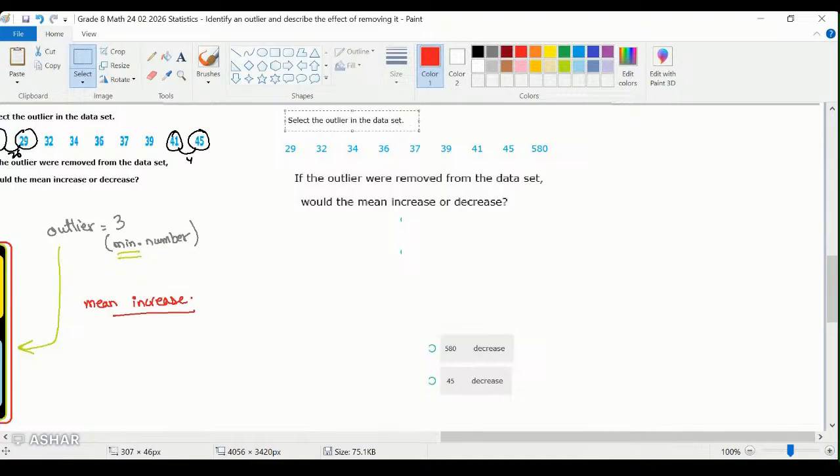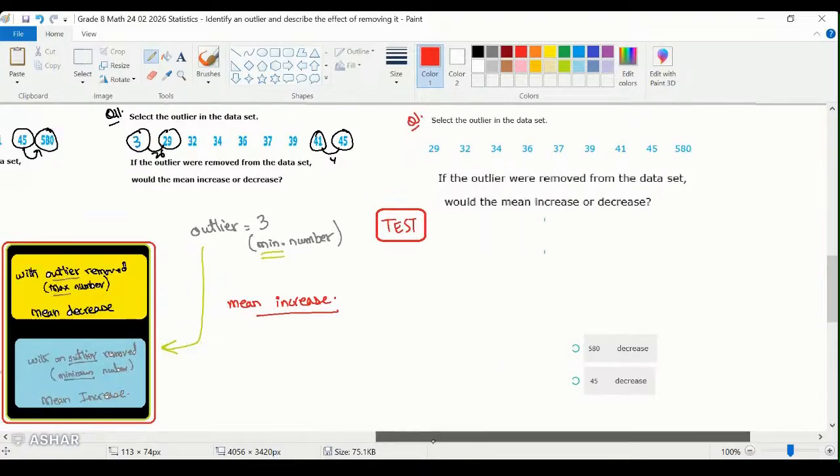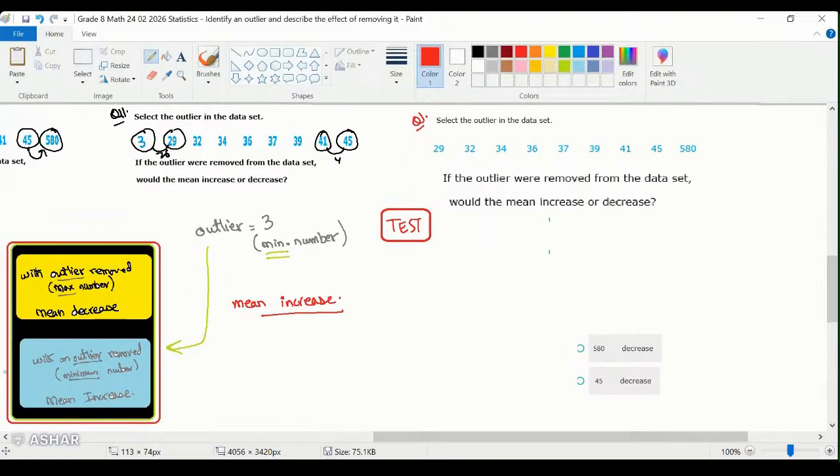Would it increase or would it decrease? Question number 1 from the test. Let's keep this information in our mind.